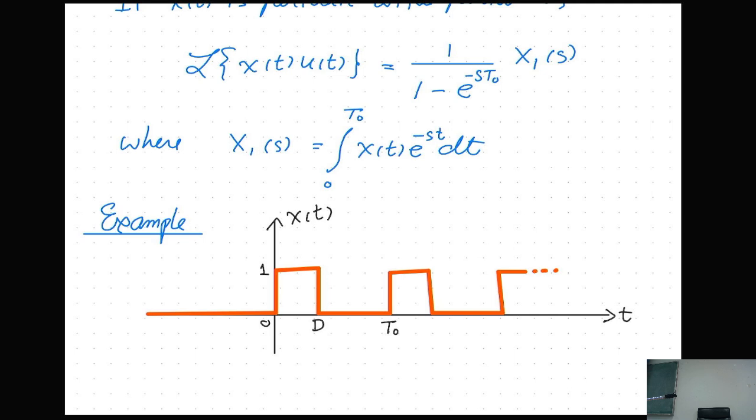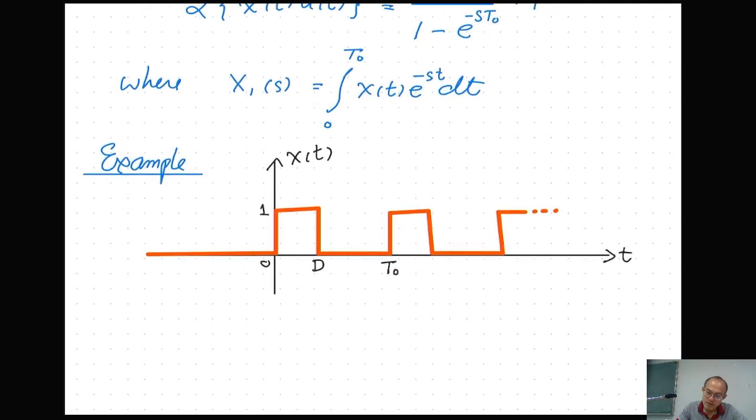No matter what x is, we cut one period out of it and pull it out. We don't care about the rest, just one period. We take the Laplace transform of this signal and plug it in here, and that's it. So let's do it.